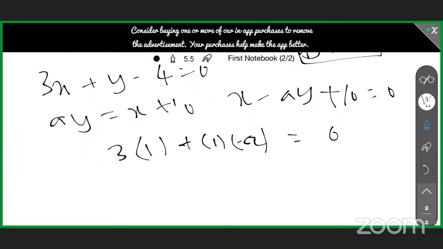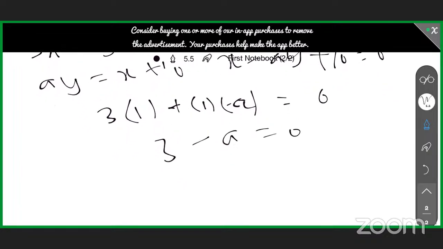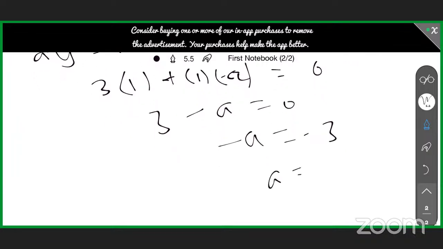That is 3 minus a is equal to 0. Therefore, minus a is equal to minus 3, so a is equal to 3.